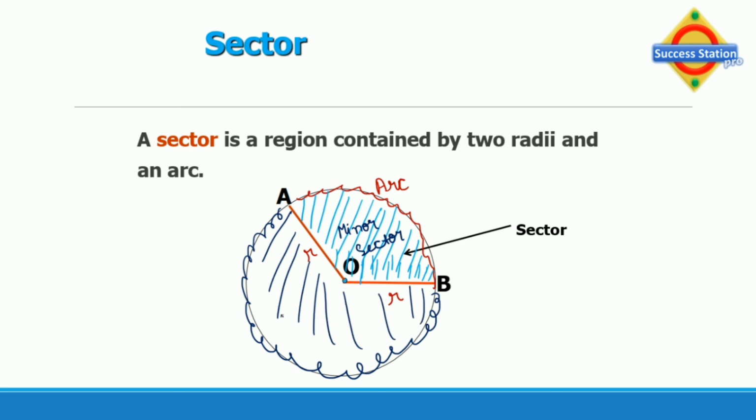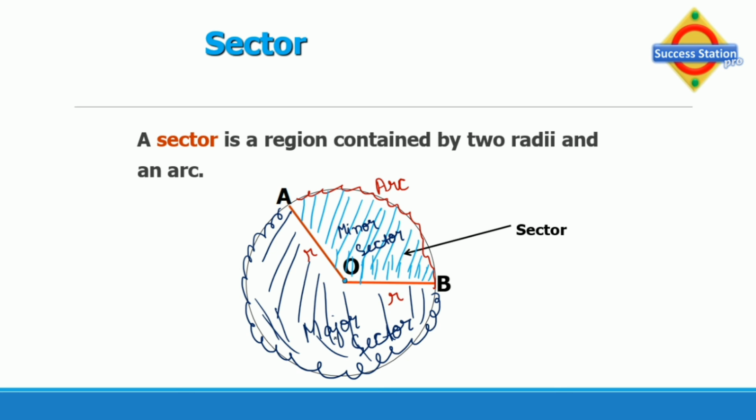This area I am talking about. And this is the major sector. The sector is a region contained by two radii and an arc. This is the minor sector and this is the major sector.